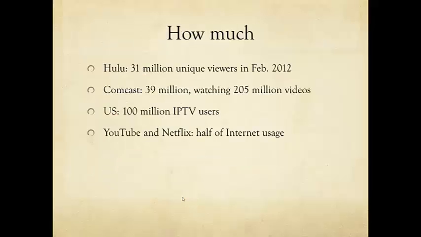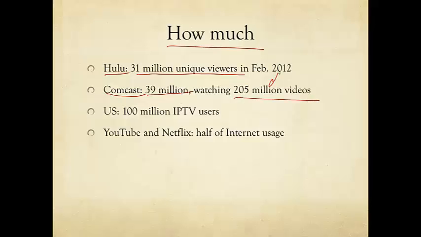But perhaps the biggest change that is happening is how much we are watching content. For example, on Hulu, in February 2012, there were 31 million unique viewers, mostly in North America. Comcast in the US had about 40 million unique viewers in spring 2012, watching over 200 million videos.